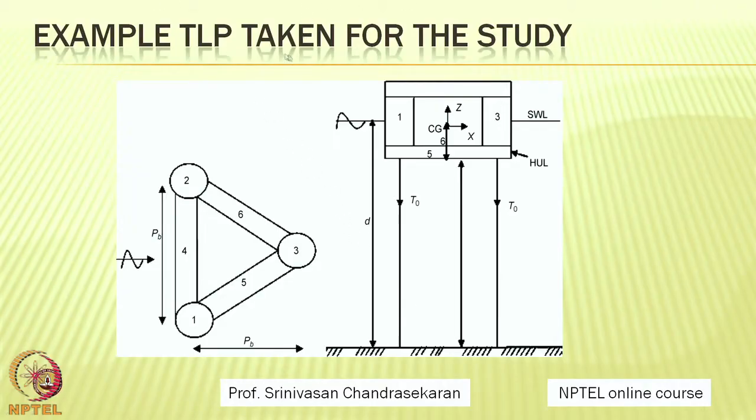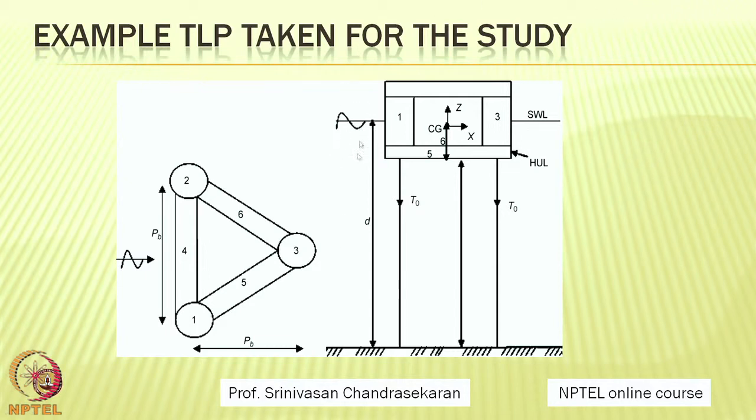This is an example TLP which is considered for the study presently. The TLP has 3 column members designated as 1, 2 and 3 and 3 pontoon members designated as 3, 4 and 5 and 6 which are located at the bottom, and of course, the top has a truss system where the top deck is assembled to the column members as you see in the elevation.